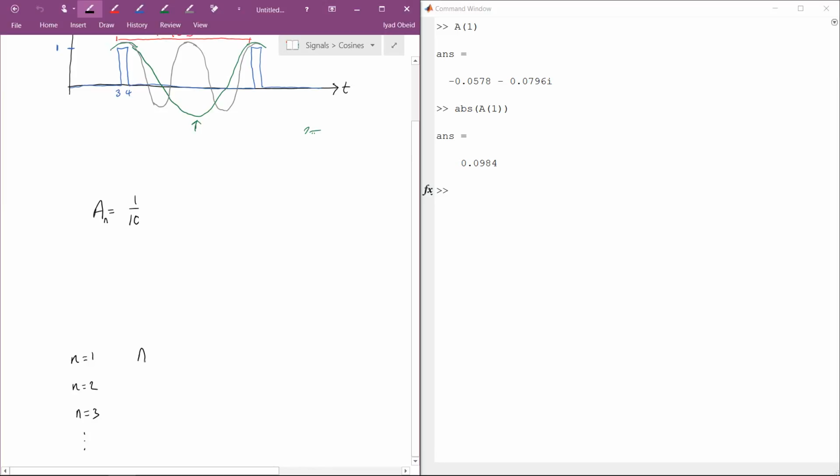So here we have A sub 1 equals 0.0984. And the phase angle, let's have it calculate that for us. The angle is minus 2.1991.